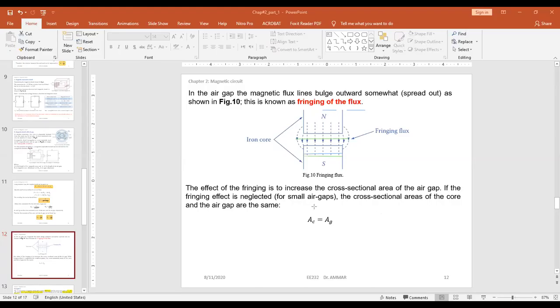You need more current so that the flux is not lost, etc. So the effect of the fringing is to increase the cross-sectional area. If the fringing effect is neglected, and generally in exercises we tell you to neglect this phenomenon, we consider the cross-sectional area the same. There is no fringing problem.